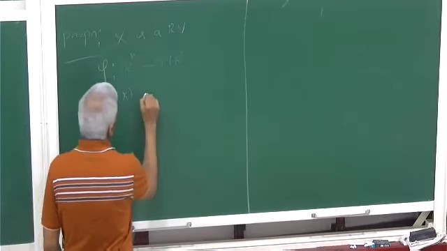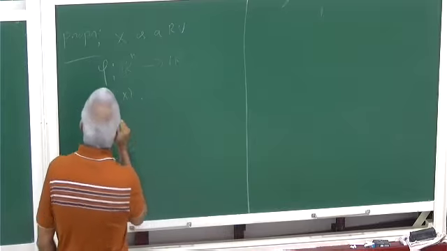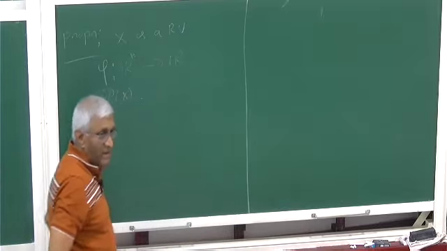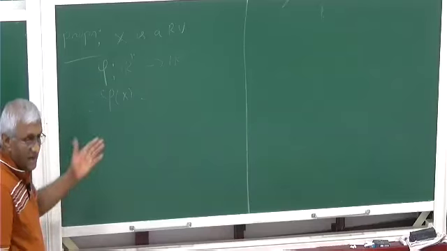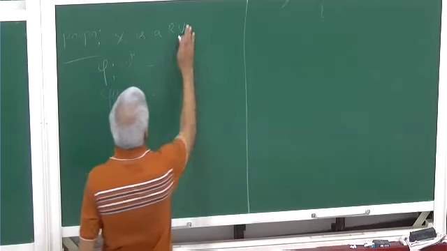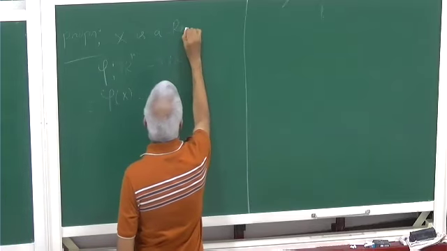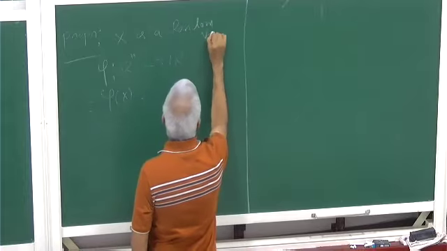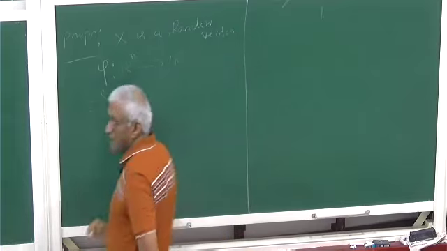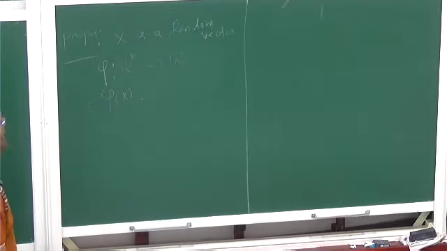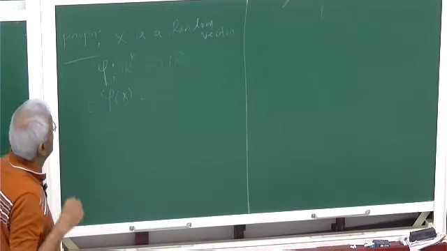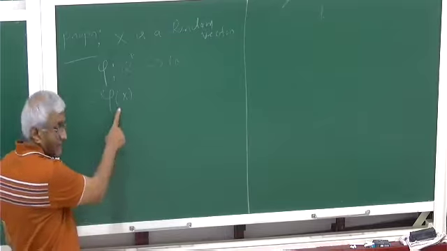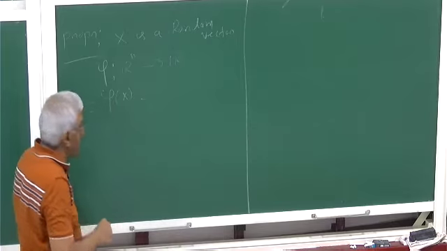Then I want to prove the following. I proved it for a real valued function, but this is for a random vector. X is a random vector, and we have a function from Rn to R. Then phi of x is a real valued random variable.